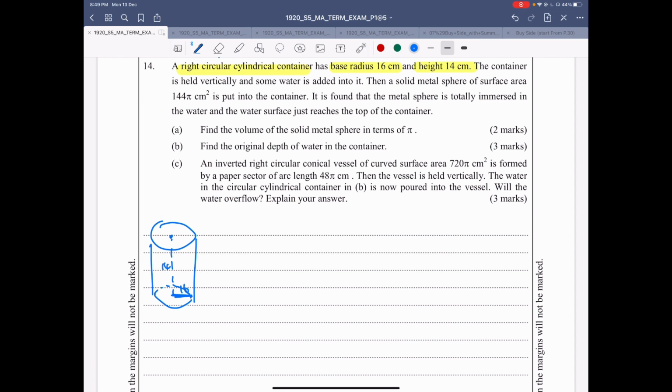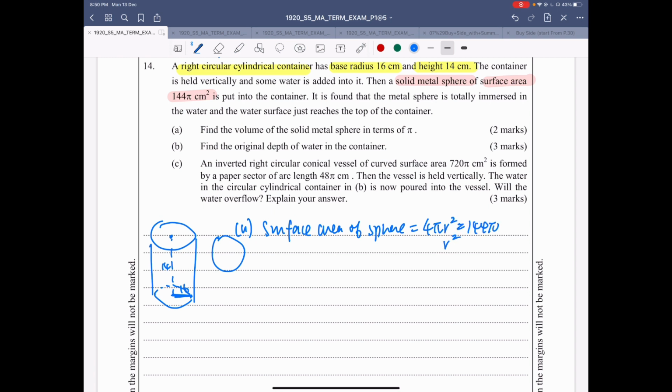And then a solid metal sphere. This is the second information. The solid metal sphere of surface area 144 pi cm square is put into the container. You don't know some information about this sphere, but you know the surface area. So the surface area of the sphere is 4 pi r square, which equals 144 pi.